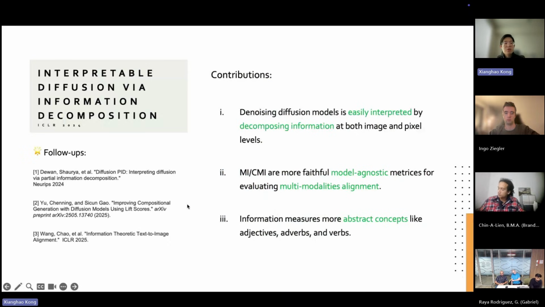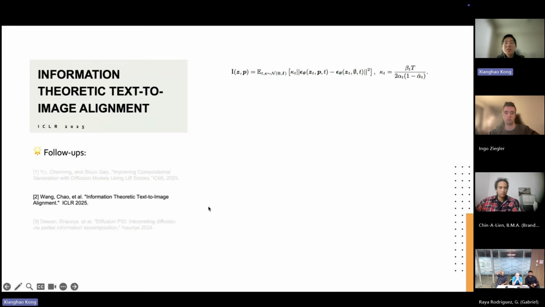Also here, I want to show some follow-ups. Although those follow-ups are not from my group's work, I want to highlight one of them. This one is called Information-Theoretic Text-to-Image Alignment. They derive this kind of information fine-tuning objective.